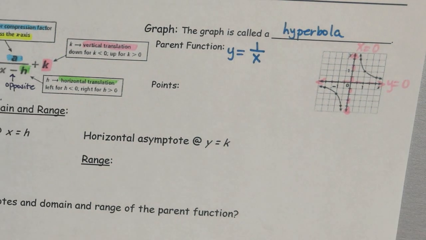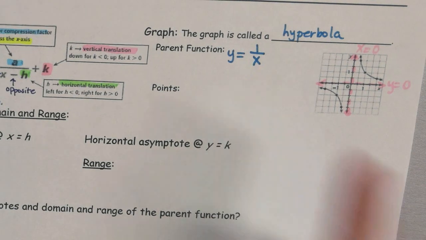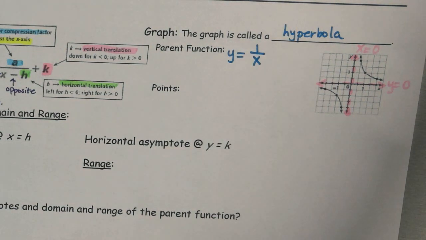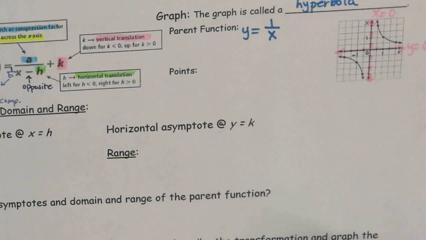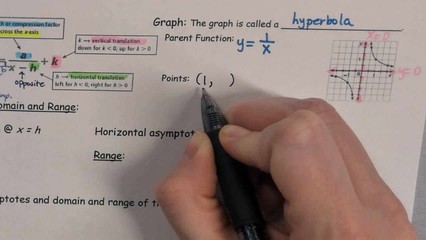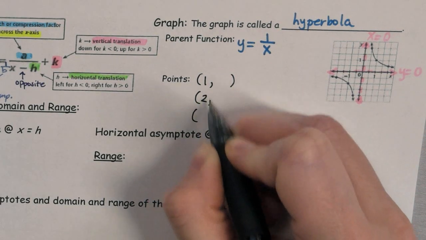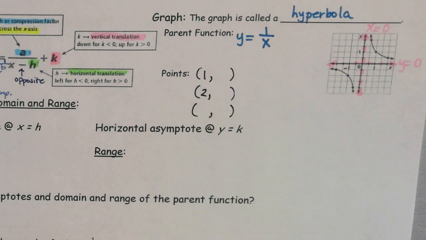Y equals 0. And that is the horizontal and vertical asymptote, and we're going to be exploring those a lot today. Now the points, remember, you can generate points by just plugging in certain values. So they do have the points there for you, but let's just think about what are some of my x values, right? So I'm going to give you those x's to plug in, and then we're going to find the y's.